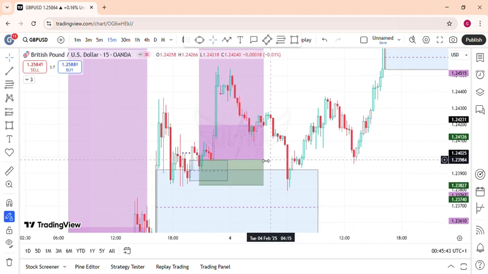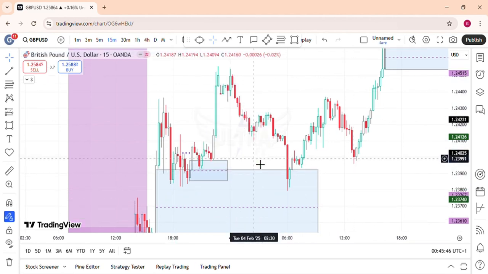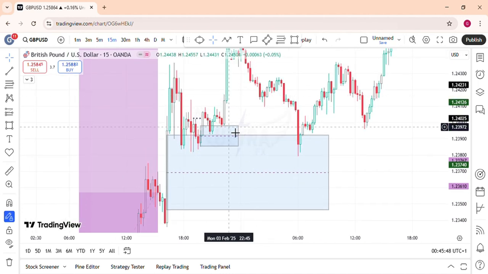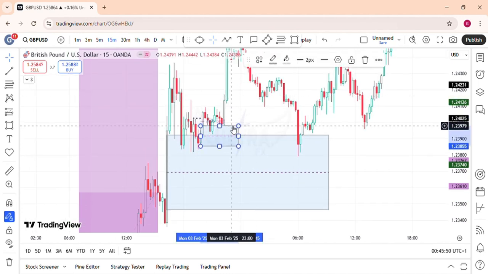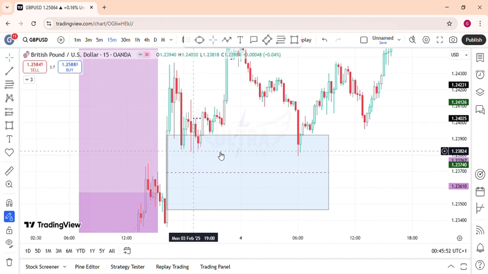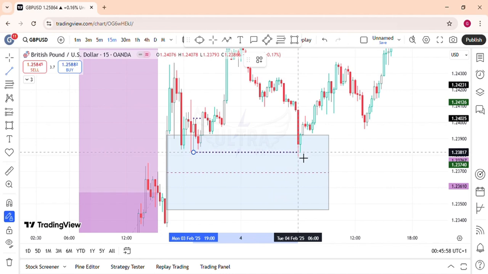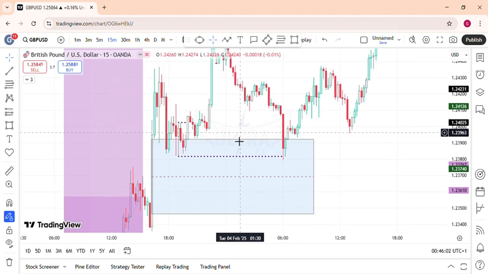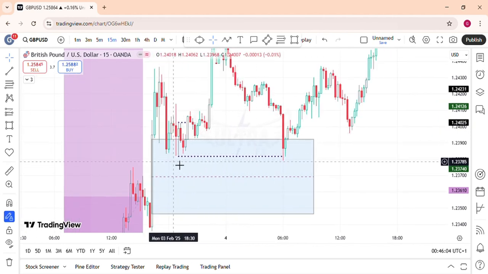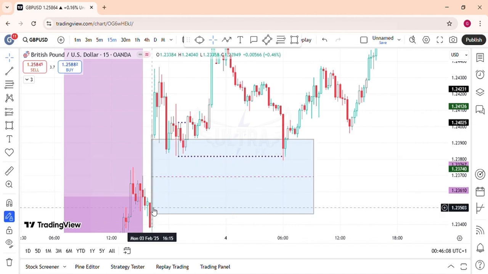So this would have been a better trade for the market, using this one as your liquidity. So you know, markets will always want to take out liquidity, so you could have been the liquidity if you are taking that trade. So this is a liquidity here that has taken this low. After market takes this low, it also taps into a fair value gap here.